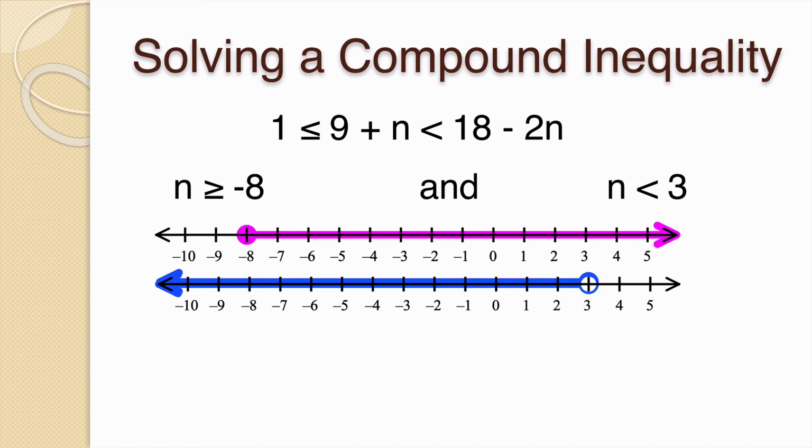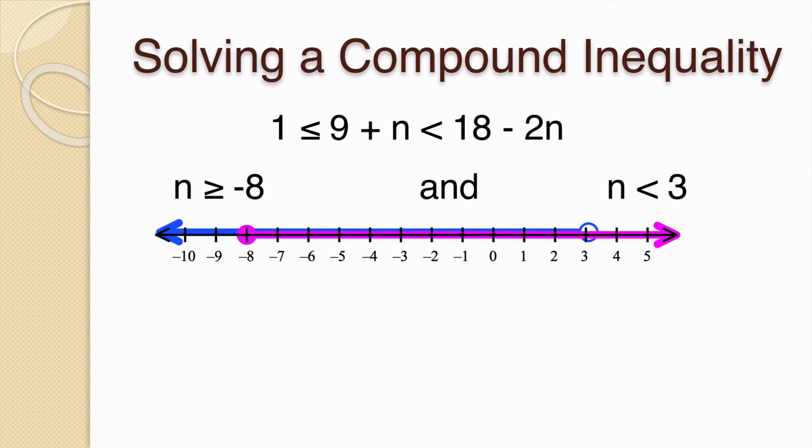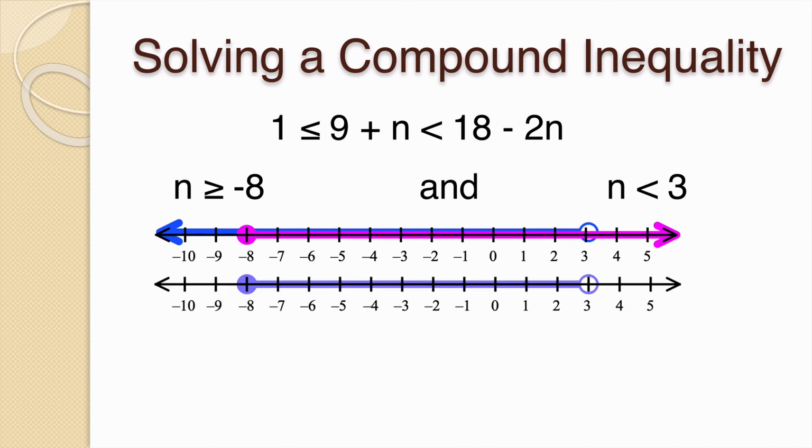Now remember, I don't really graph on a new number line. I'm doing that just to show you. I actually graph it right above. And now, because it's an and, I'm looking for when it makes both of those true. That's going to be the intersection of those, which is going to be this section between negative 8 and 3, including negative 8. Remember to check it.